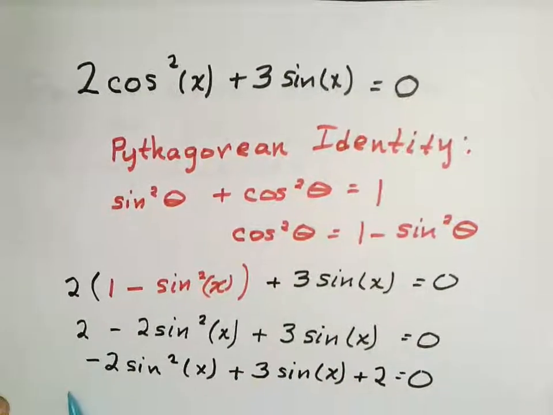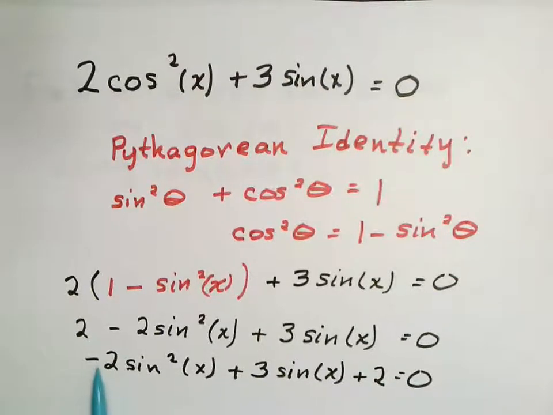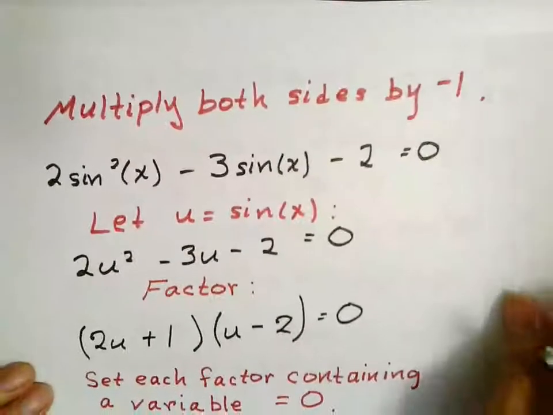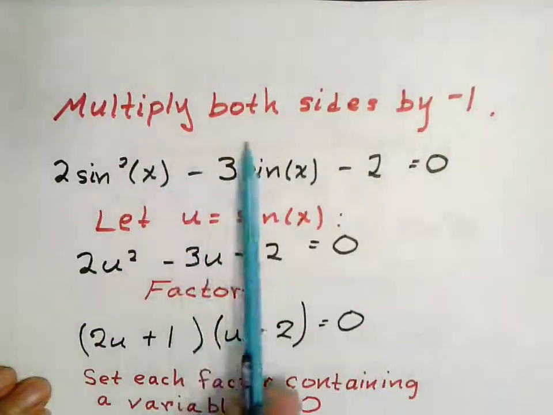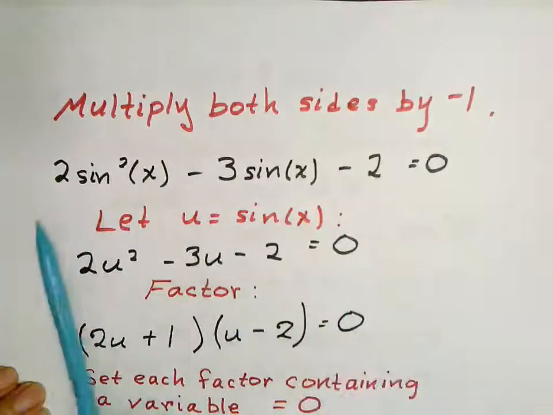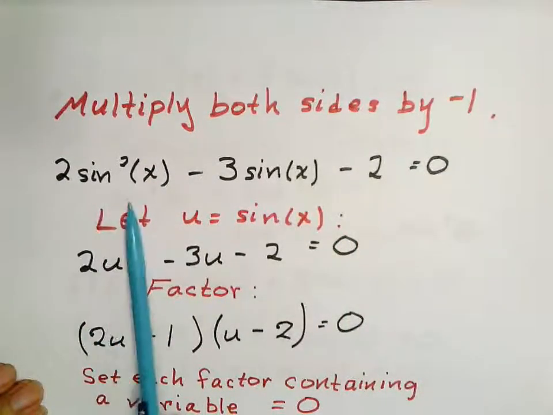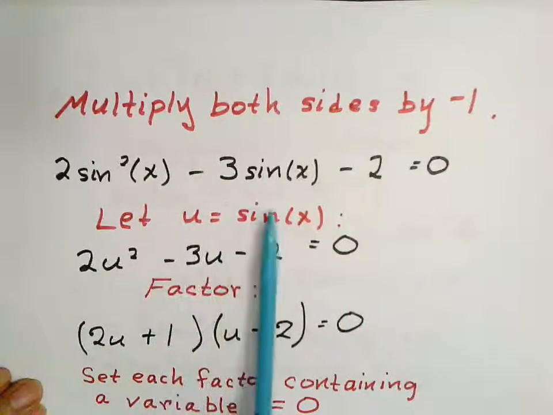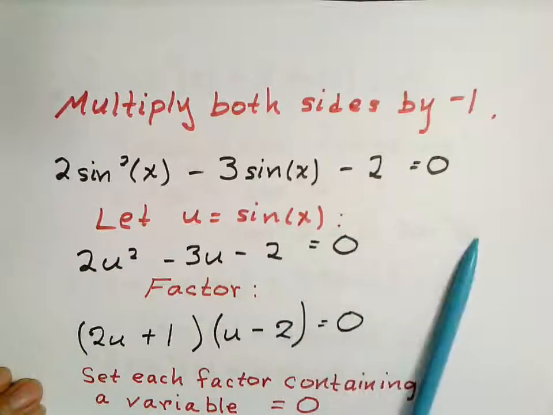We're going to put our terms in descending order according to the exponent of the sine function. And notice this is negative, and we usually like for that first term to be positive. So we're going to multiply both sides by negative 1, and we end up with 2 sine squared of x minus 3 sine of x minus 2 equals 0.